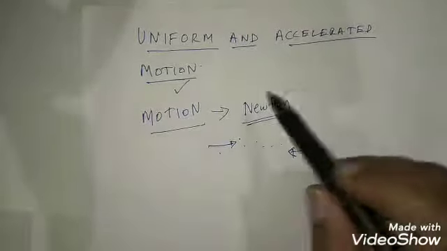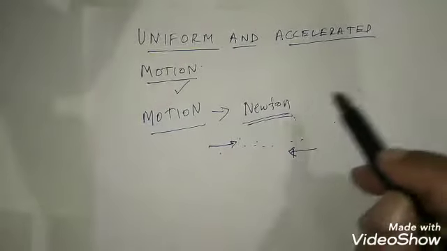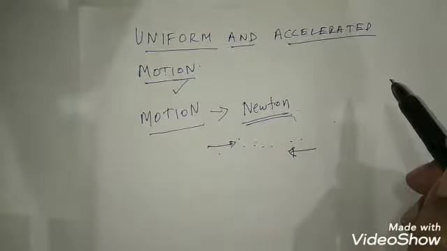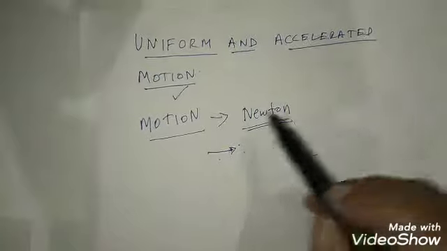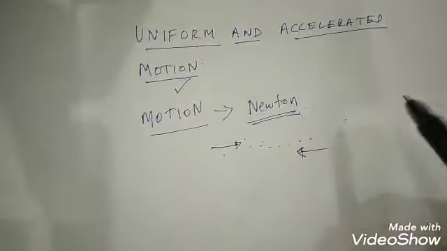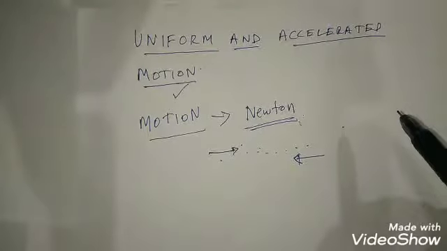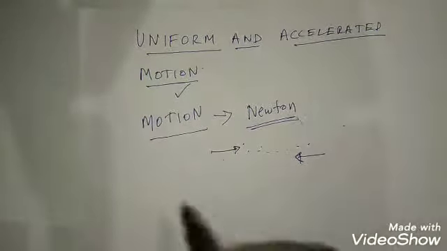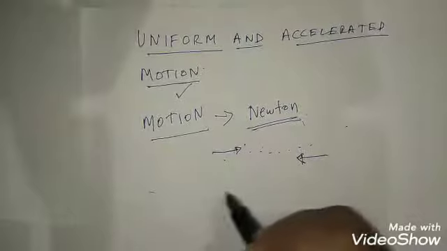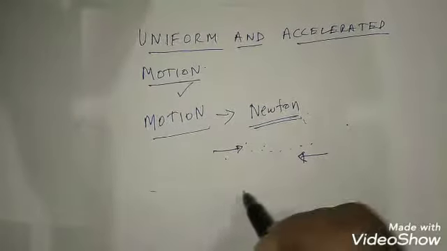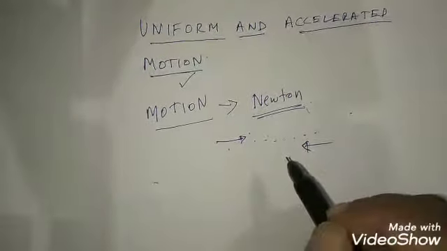Okay. Now, having understood what is motion, we will understand what is a uniform motion. Uniform motion means the rate of change of displacement is the same.